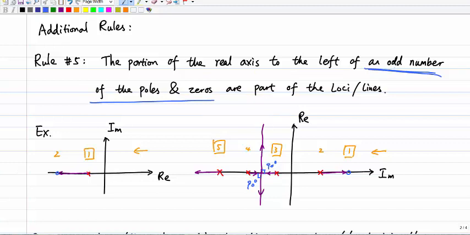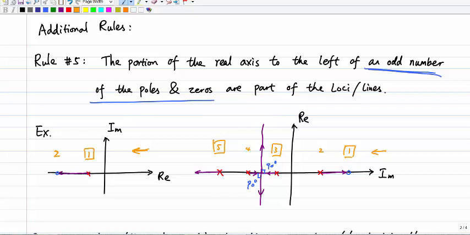We number the poles and zeros from right to left. This is the first one, this is 2. You don't distinguish between poles and zeros; it doesn't matter. Each one you add increases your index by 1.